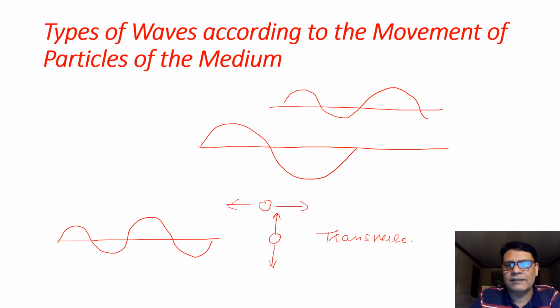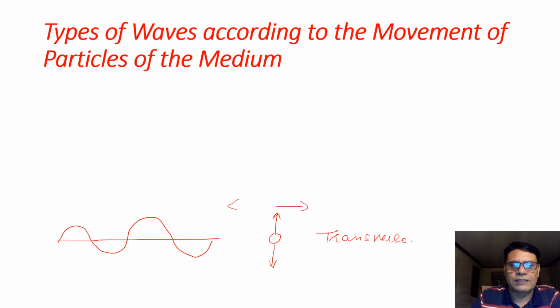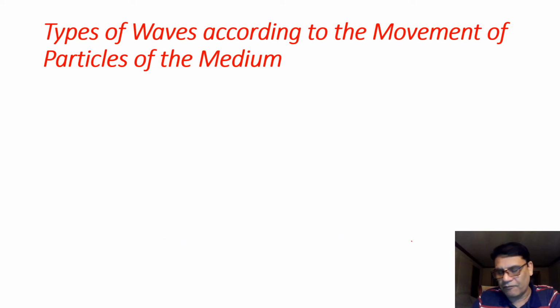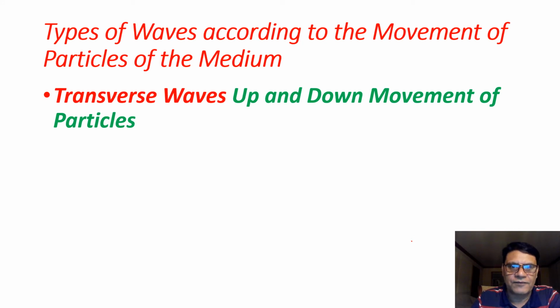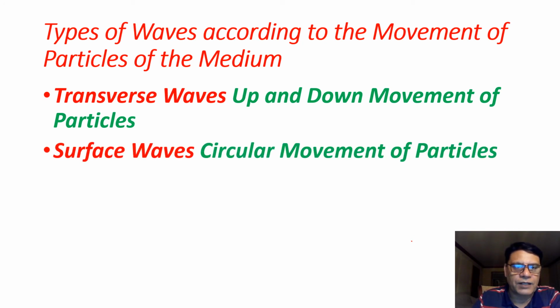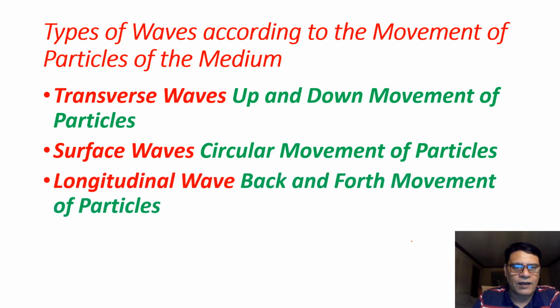So on the basis of the movement of the particles of the medium, we have three types of waves: transverse waves, with up and down movement of the particles; circular movement of the particles in surface waves; and, as we discussed many times, back and forth movement of the particles.